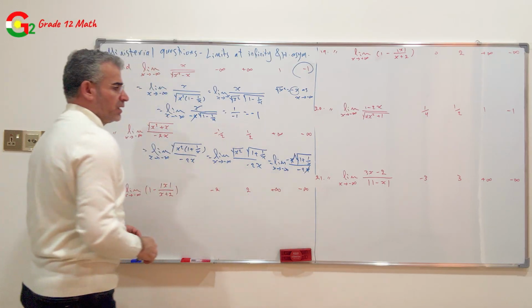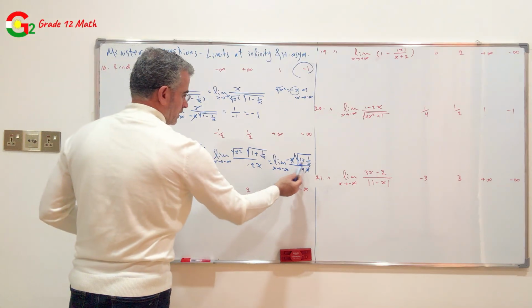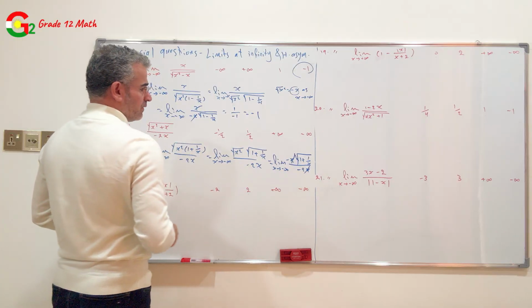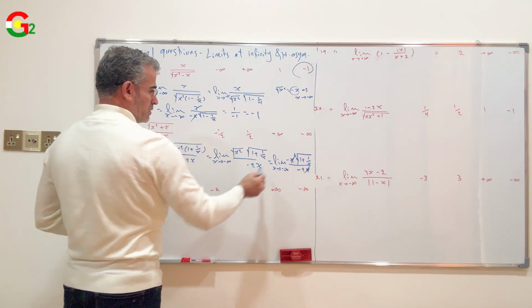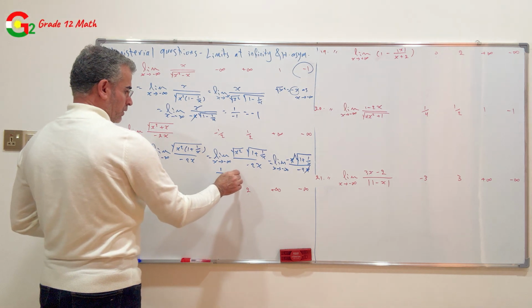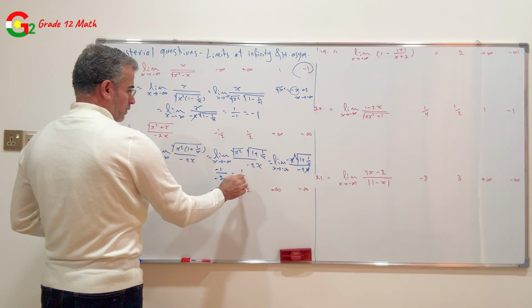Reduce negative x with negative 2x, substitute every x with negative infinity, 1 over negative infinity is 0, 1 plus 0 is 1, the square root of 1 is 1, and 1 over 2 equals 1 over negative 1 over negative 2, which equals 1 over 2.